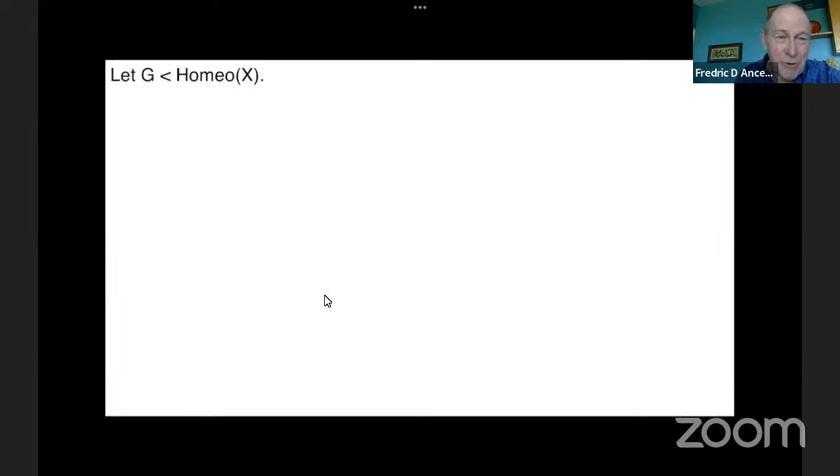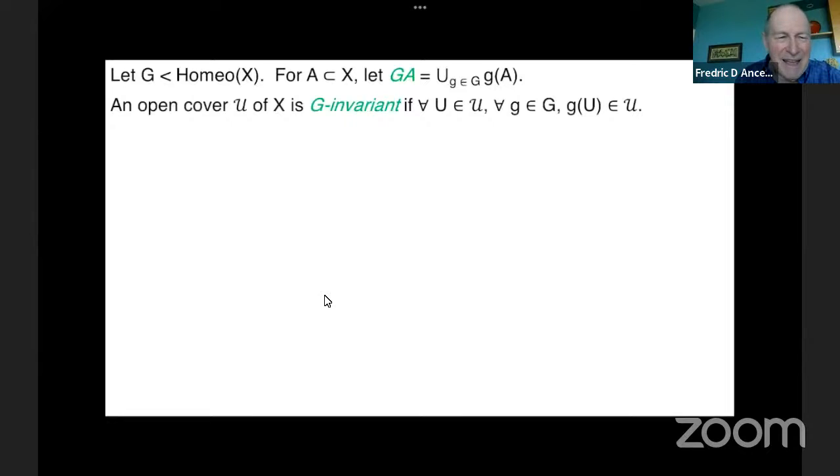Okay, suppose we have a group of homeomorphisms. Here is some standard notation: G times A is the union of all the images of A under elements of the group. And so an open cover is G invariant if the open cover is closed under transformation by group elements.